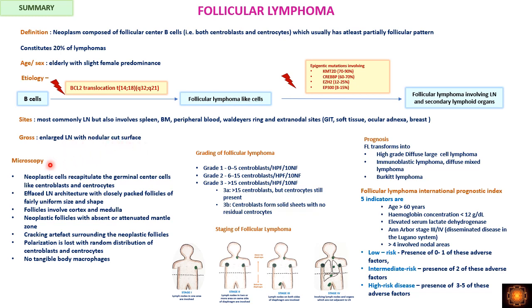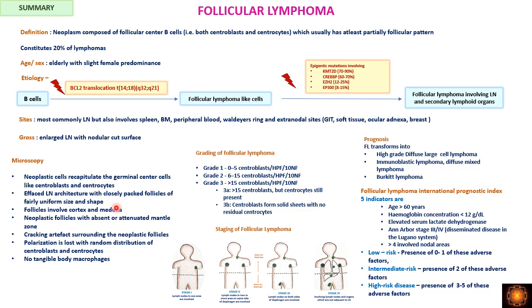On microscopy, as I told you, we have follicles involving the entire lymph node, that is, completely involving the cortex and the medulla, and the cells will be germinal center like cells, with centroblasts and centrocytes, and the follicles will be closely packed with less interfollicular area.